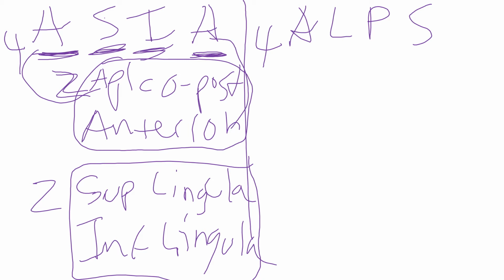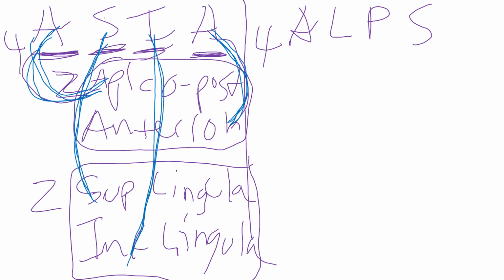Let's do a different color here. Let's do blue. Apical posterior, anterior, superior, and inferior. I hope that sort of makes sense. This is just the way that I remembered it. Like I said, you can use different ones out there.